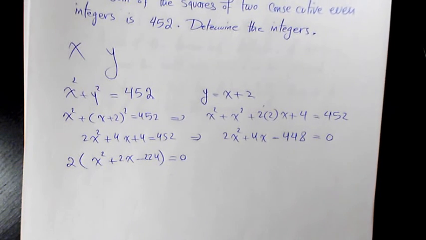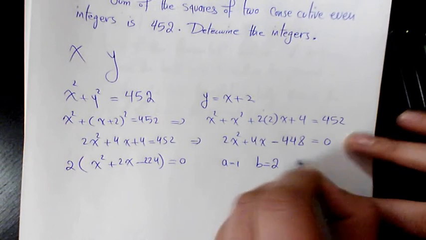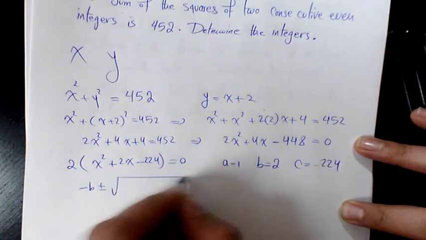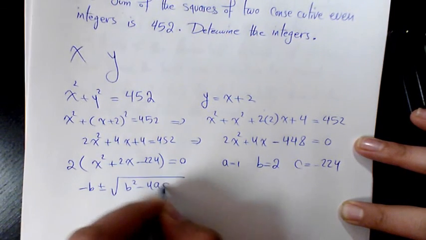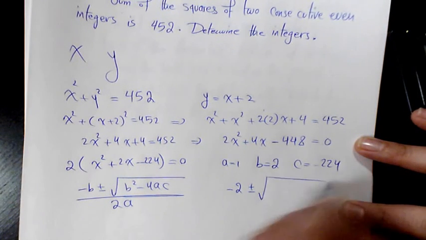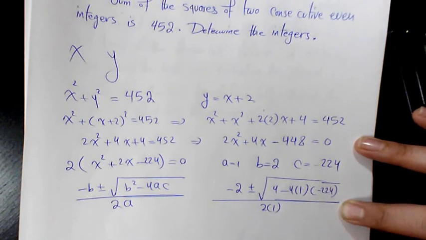Now let's use the quadratic formula. A is 1, B is 2, C is negative 224. So negative b plus or minus the square root of b squared minus 4ac, divided by 2a. That's going to be negative 2 plus or minus the square root of 4 minus 4 times 1 times negative 224, divided by 2 times 1.